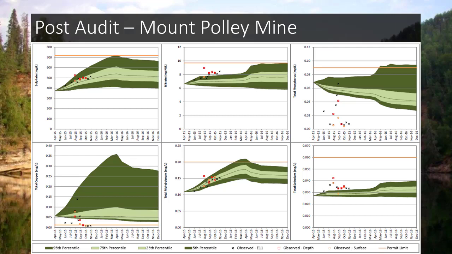So these predictions were made before this date, and then we started monitoring afterwards, after the model had been done, and some of them turned out beautiful, like molybdenum and sulfate, which were really good. A couple of them were very conservative, so phosphorus and copper, which is fine from an effects assessment. We don't care if we've over-predicted. Turns out phosphorus was precipitating out of solution, so we hadn't accounted for that. That was an error in conceptualization, but because it's an error in the right direction, we're totally happy with that.